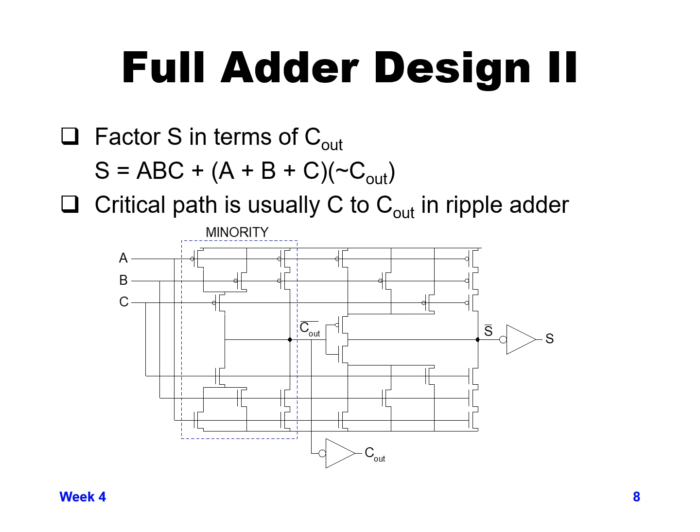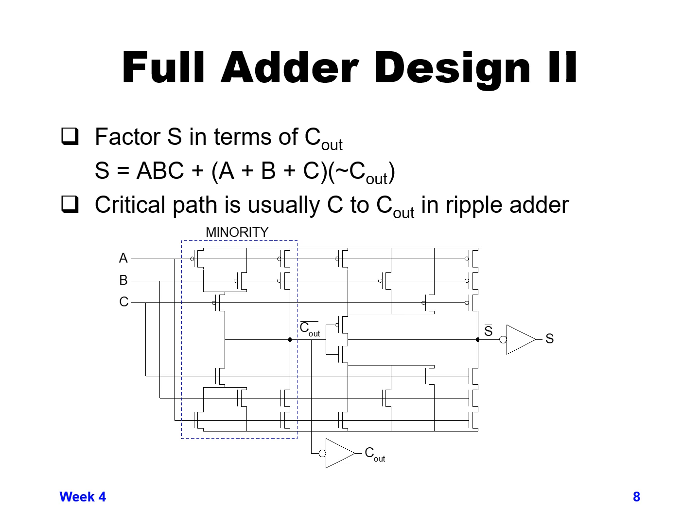So this second design for a single bit of a full adder is if we go back and try to factor our S term, our sum term, in terms of C out. One of the ways we can do it is the following equation. So we refactor it.